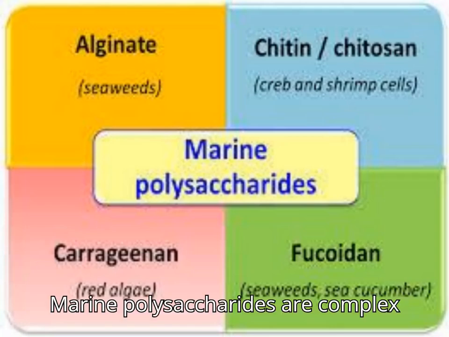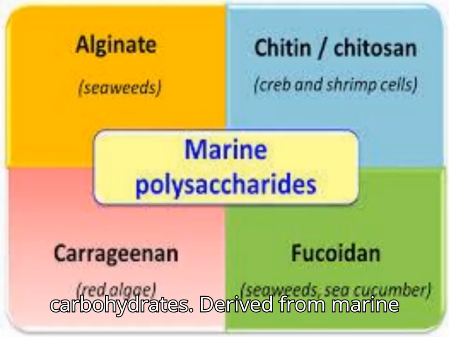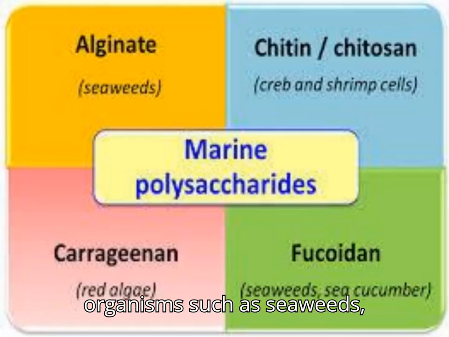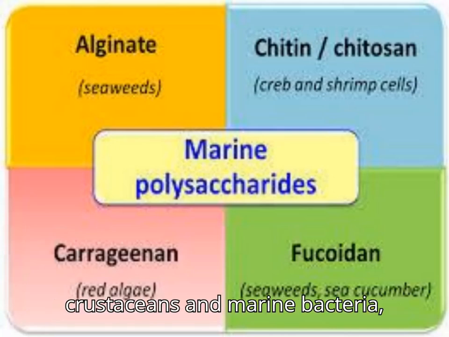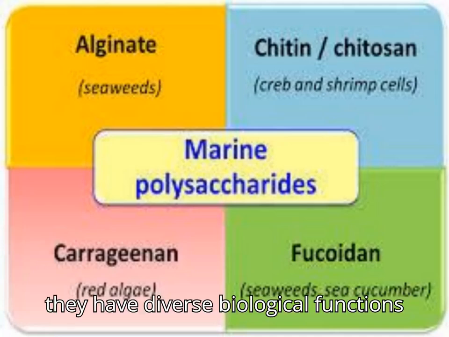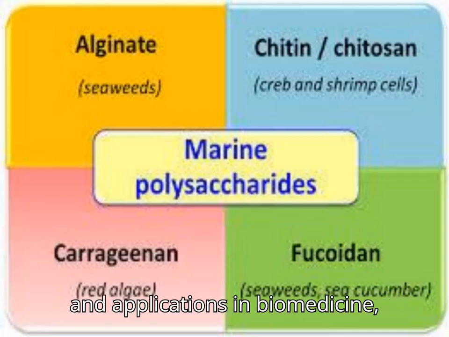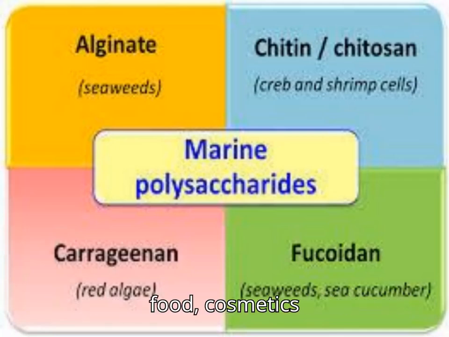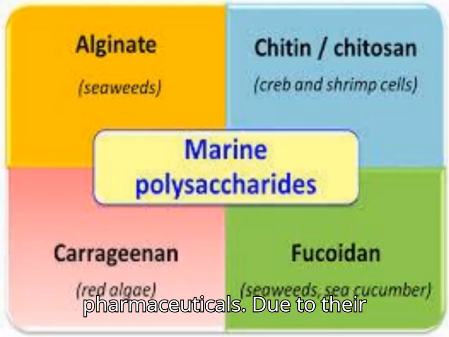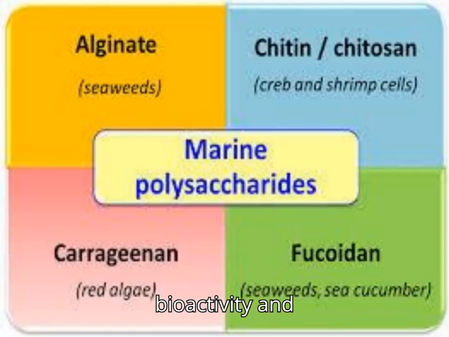Marine polysaccharides are complex carbohydrates derived from marine organisms such as seaweeds, crustaceans, and marine bacteria. They have diverse biological functions and applications in biomedicine, food, cosmetics, and pharmaceuticals due to their bioactivity and biocompatibility.